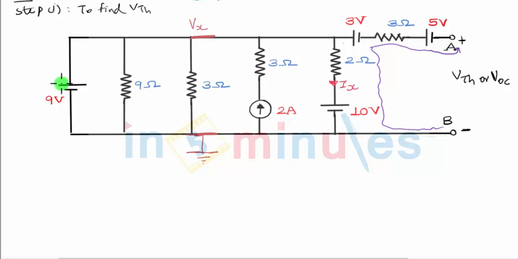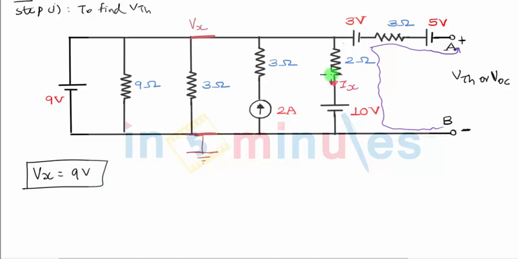So Vx will be nothing but 9 volts, plus 9 to be precise, because the negative terminal is at the ground and the positive terminal is towards the node. So all these branches, 9 ohm, 3 ohm, this 3 ohm with current source, all these branches play no role in deciding this node voltage. So we write Vx equal to 9 volts directly.